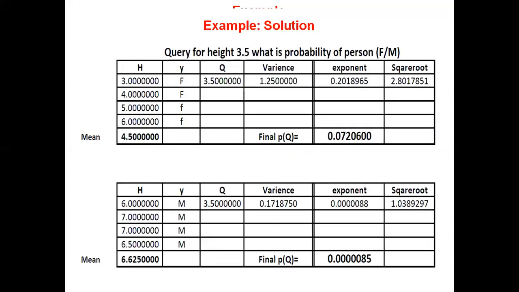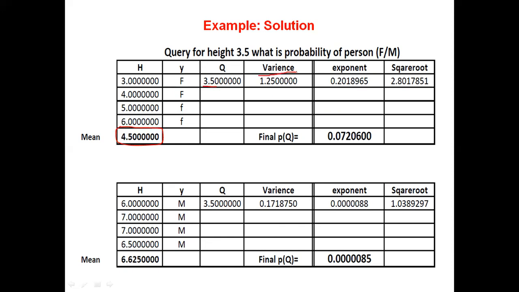Here is the solution that I have calculated using Excel. In Excel I have taken column H as the height of the person and Y as my class label. There are a total of 4 records belonging to the class label female. This is the mean value of the height of all these persons, and Q is my query point 3.5.